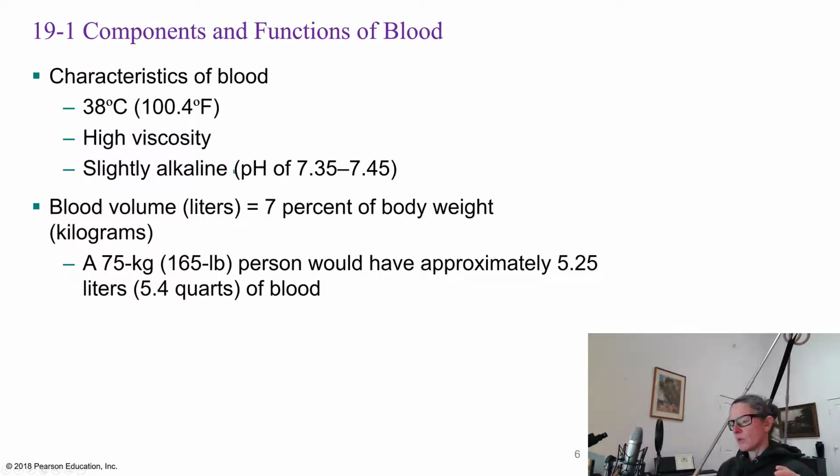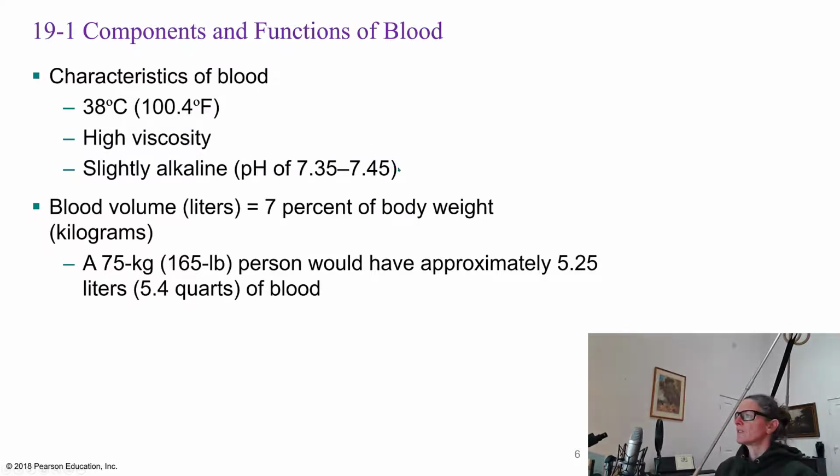So the typical homeostatic window of blood alkalinity, or I should say a blood pH in general, is between 7.35 and 7.45. So if we see something where blood dips below 7.35, then we have a condition called acidosis.